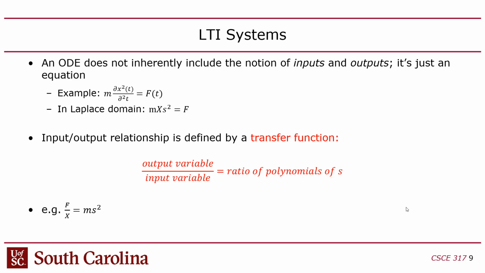Now, keep in mind, we're talking about single input, single output systems, right? This is not MIMO, this is SISO. So in a SISO system, there's only two variables. One's an input, one's an output. So you move all your variables to one side of the equation, right?